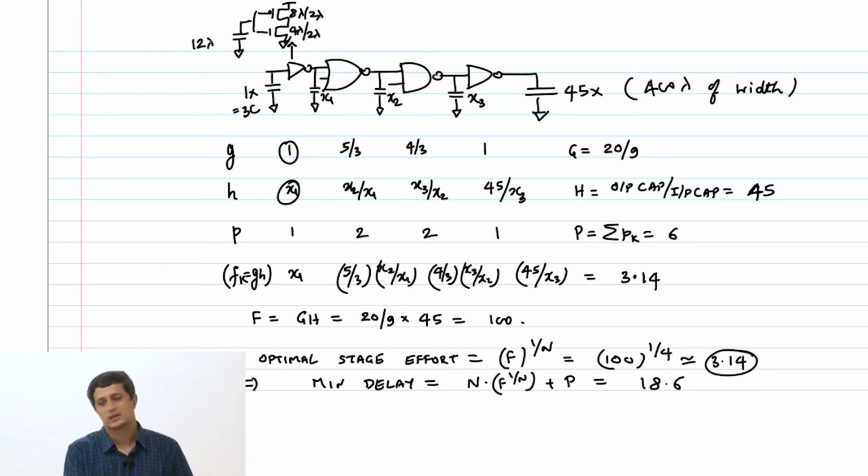With regard to that, I am telling you that there is 400 lambda of width there. So you can solve for this in different ways. It's just a question of getting used to the style of problem. But all I'm saying is, after you find the minimum width, you have the extra step of finding out the sizes of these transistors, or how much the gate has been upsized by.